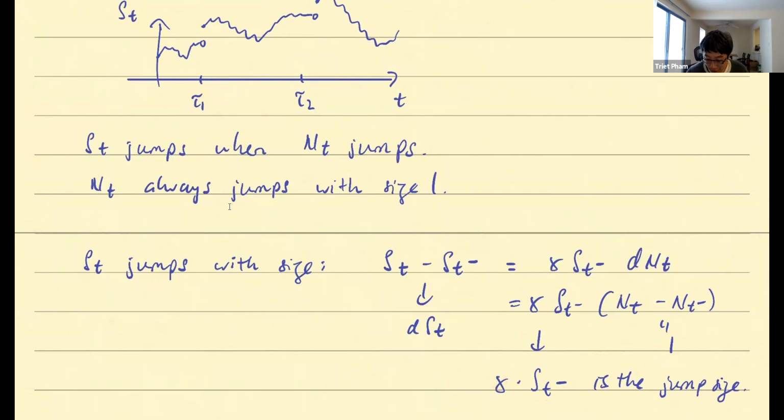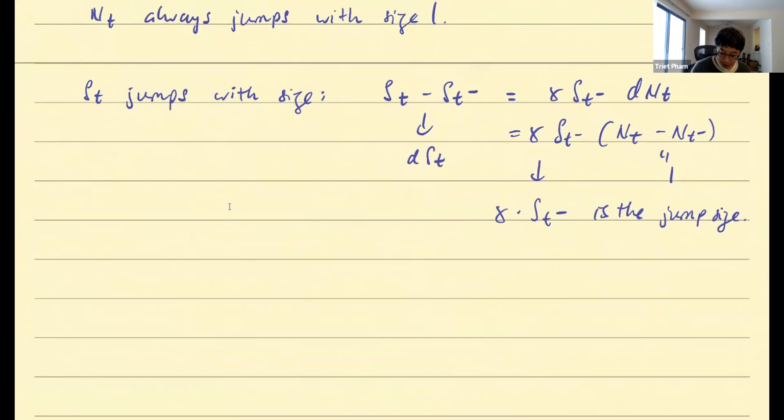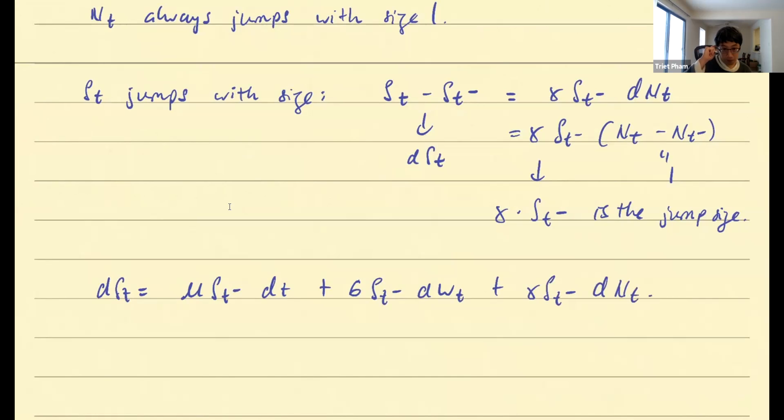All right, let's go back and review it from another angle. First, I ask you to trust me on this, that I can do everything like this. So I can add the ST minus on everything and it doesn't change anything. Okay. So basically, I just add a minus here.